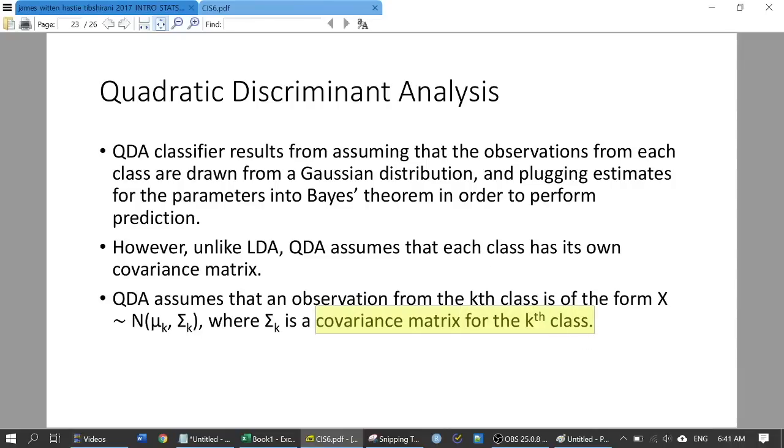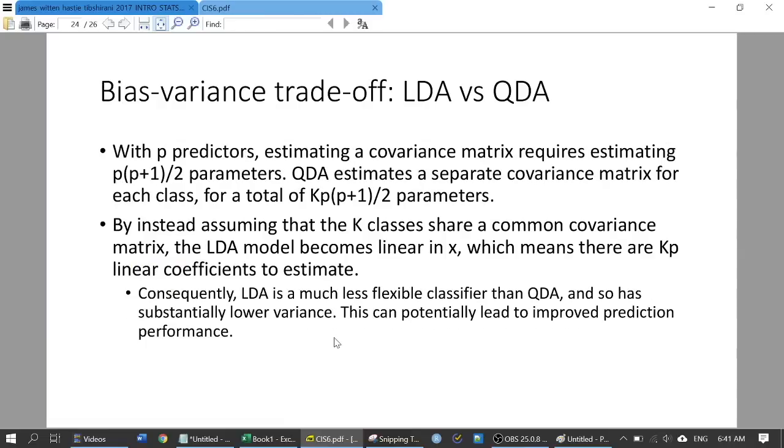So each of these X belongs to which class, and each of the classes has its own covariance matrix.